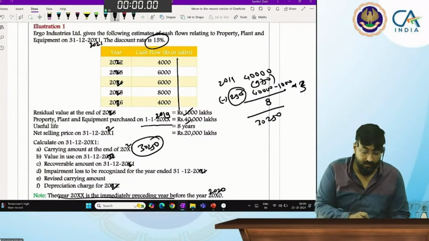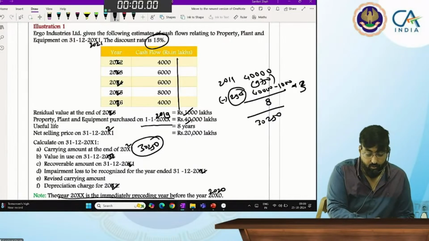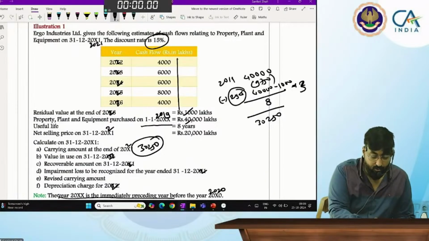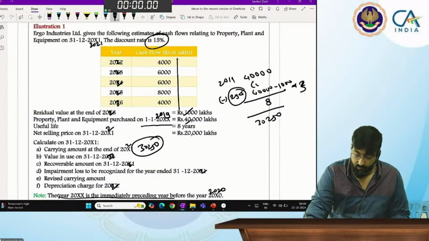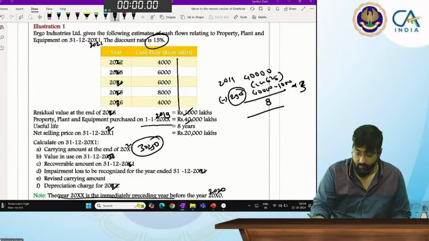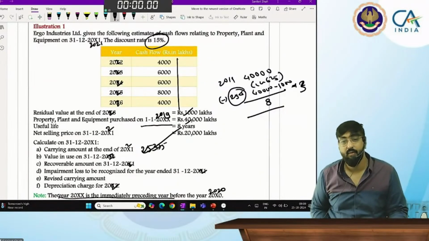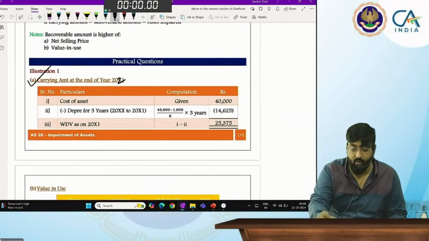Again, 40,000 minus 1,000 divided by 8 into 3. 14,625. So 25,375 is the carrying amount. Correct है?